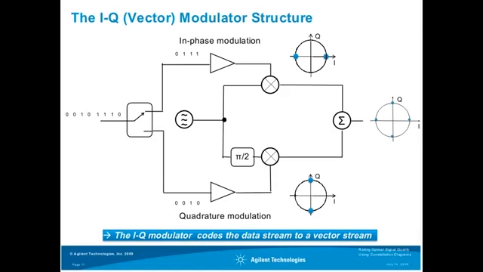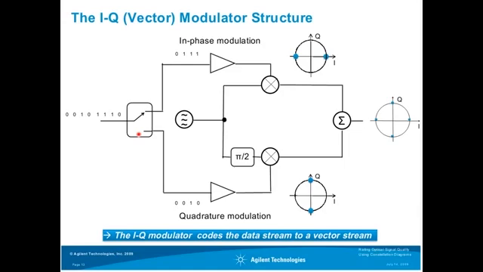At the entrance of this transmitter, you see the original bit data stream. This goes to a 2-to-1 switch, which switches with a symbol clock between the in-phase path and the quadrature path, leading to this new data stream that is divided from the original data stream.